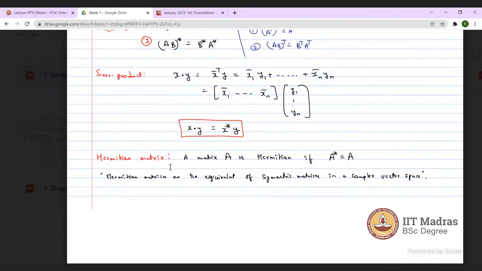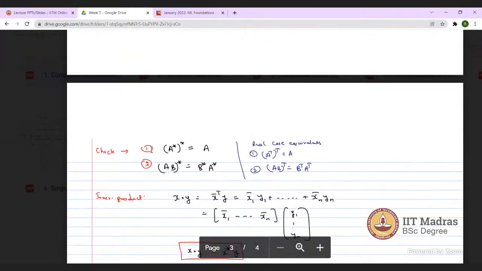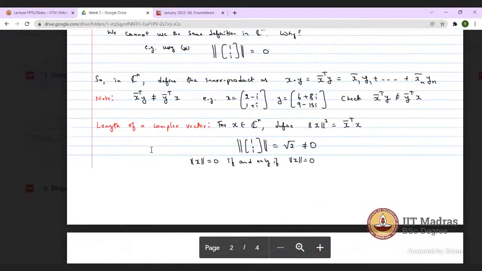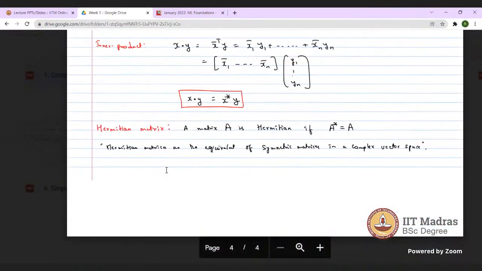Is it clear? What is a Hermitian matrix, and what is this conjugate transpose? We have been talking about this conjugate transpose since we started the inner product. So this is clear? Yes, sir. Okay.